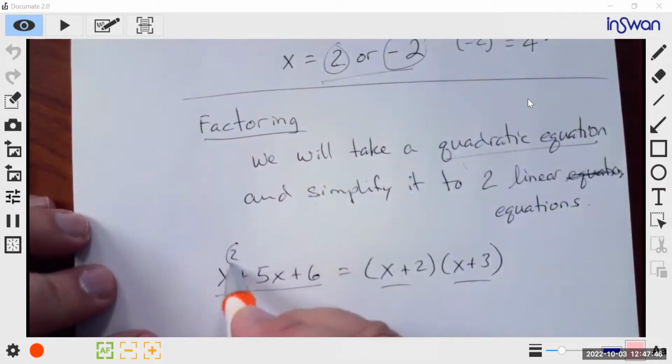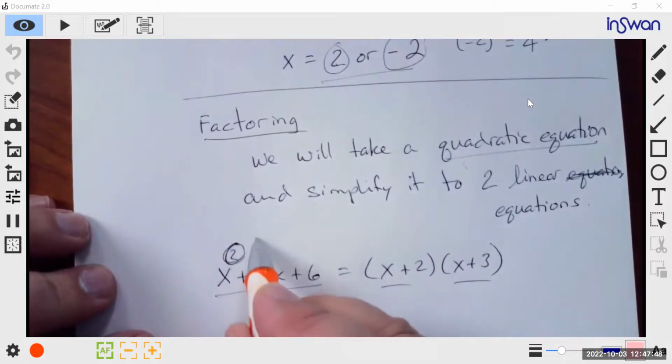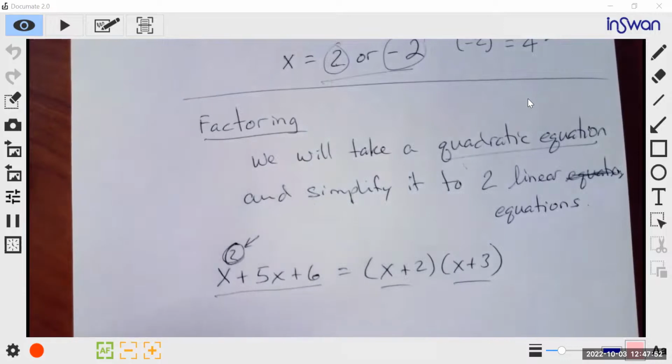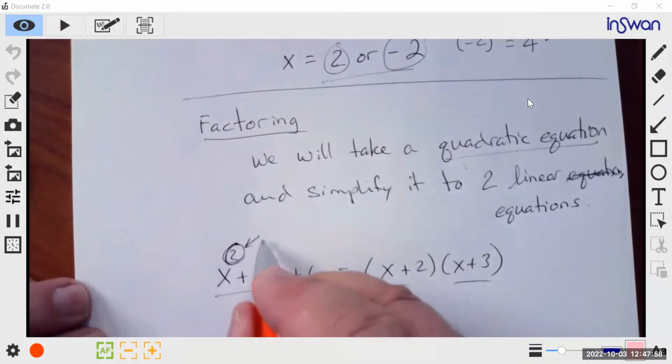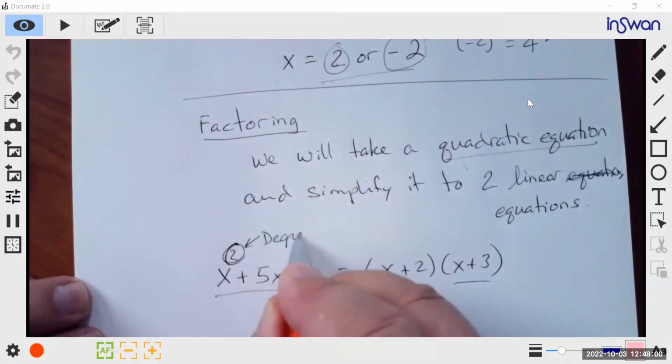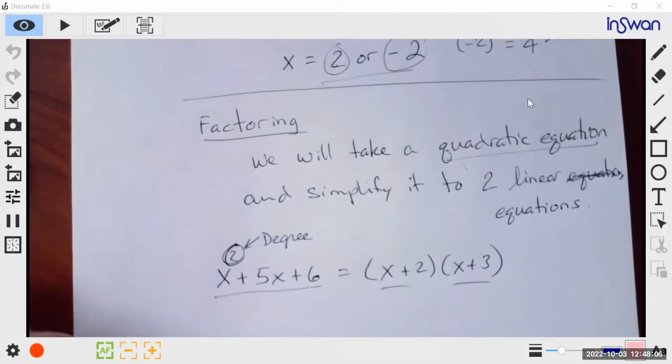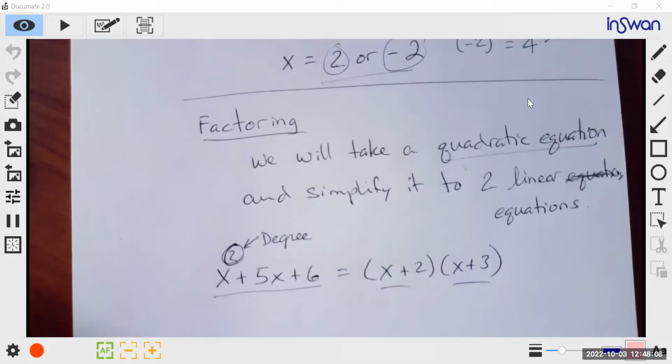What does this 2 tell us here? What's the name of that 2 there? It's squared, yeah, but what is the name in this function? What is its title? The degree. The degree is the highest exponent in the equation. It's important because it tells us a lot of things.